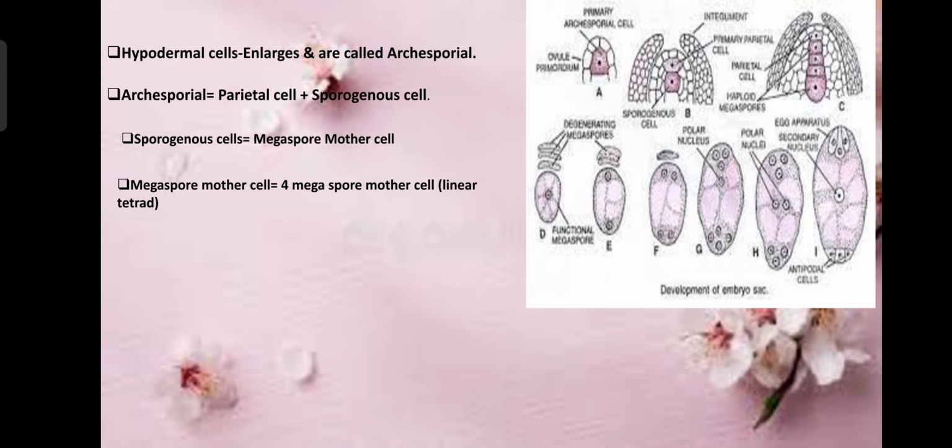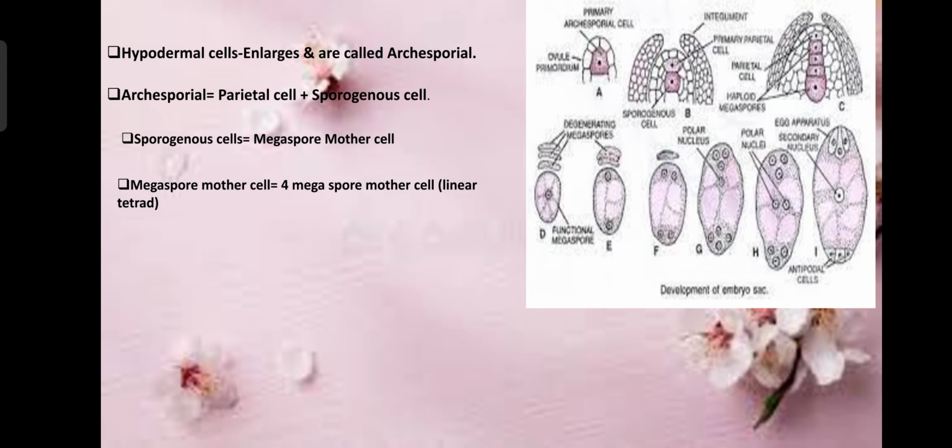These sporogenous cells function as the megaspore mother cells. These megaspore mother cells undergo 2 meiotic divisions. When two meiotic divisions occur, they produce 4 haploid megaspores. These 4 haploid megaspores get arranged in a linear fashion, lengthwise.